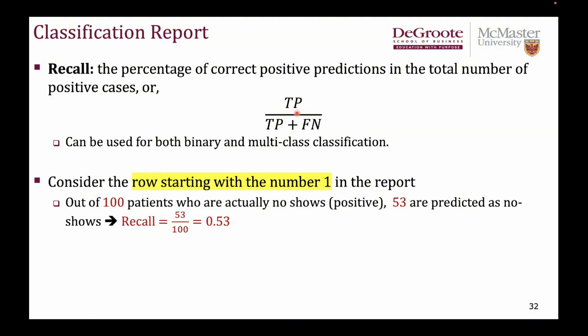If 53 of them are predicted to be no-shows out of the total 100 who are actually no-shows, then your recall rate is 53%. For those no-shows, you were able to capture 53% of them in your prediction.